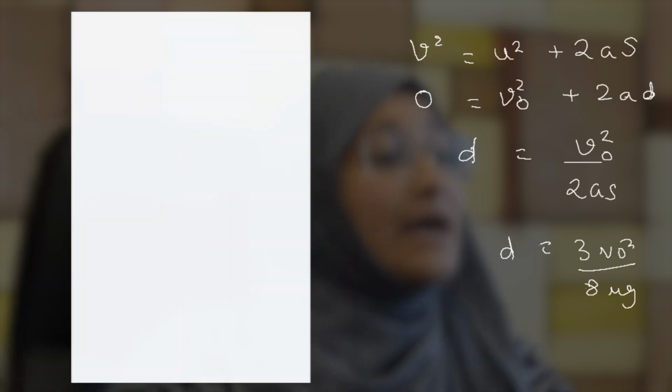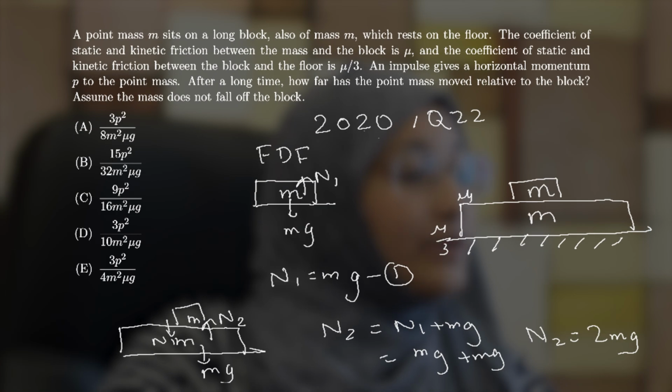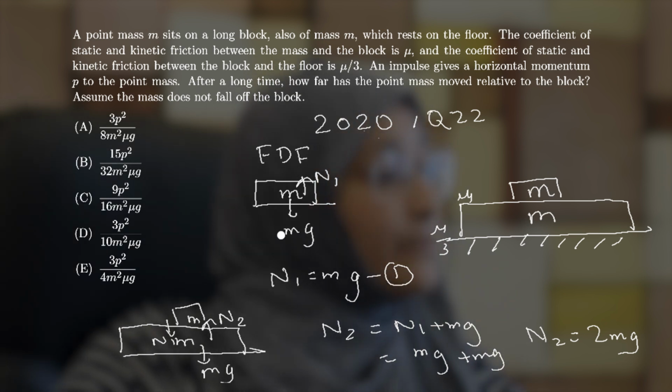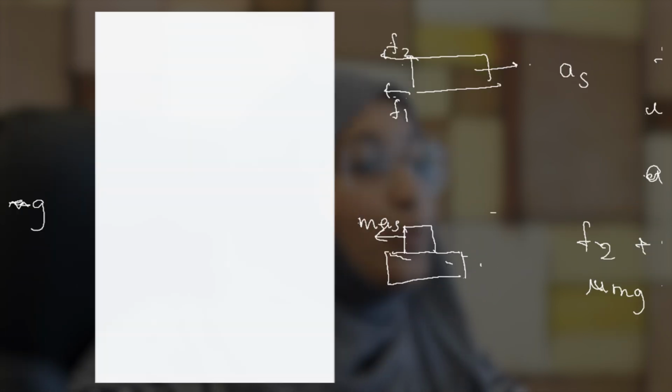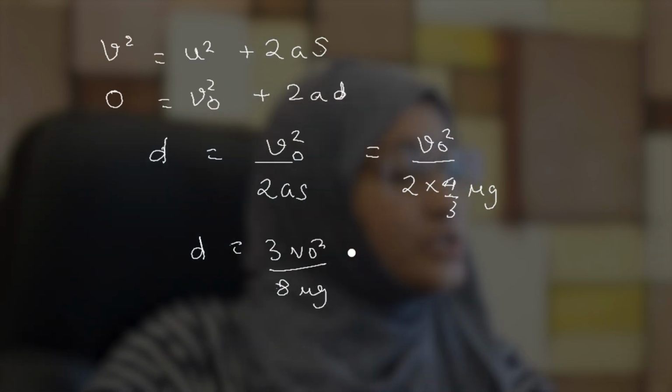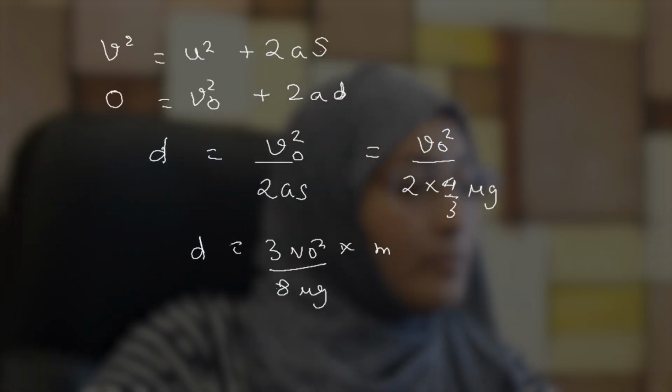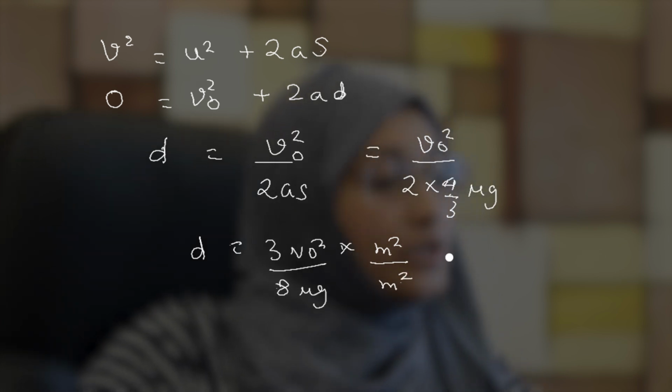Okay, but as we see in the options, our answer is given in terms of momentum. So for that we need to multiply the whole equation by m square, in the numerator and denominator.